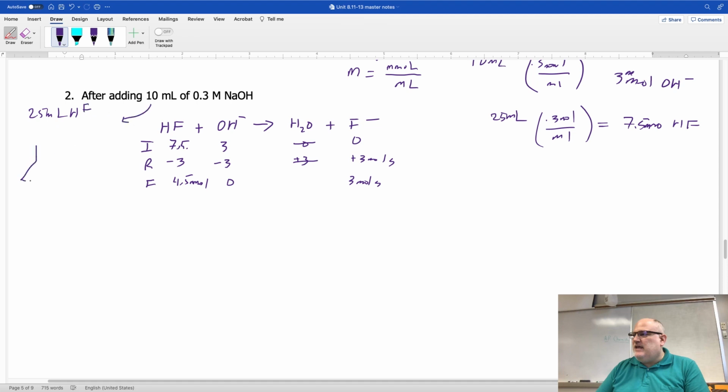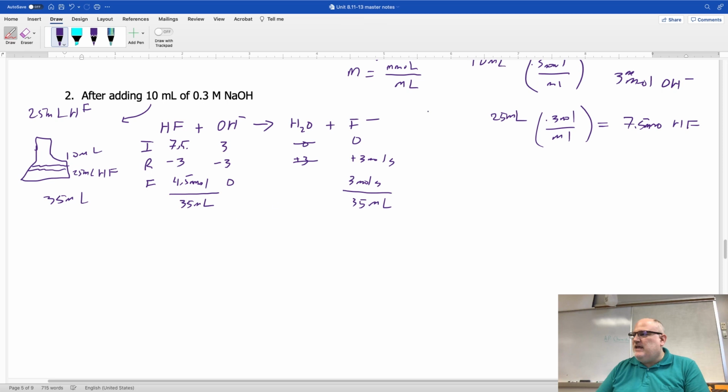So if we take a look at our very poorly drawn Erlenmeyer flask, we have 25 milliliters of the HF in here, and to that we have added an additional 10 milliliters. So what's my new volume? It's 35 milliliters, and that's kind of nice because I can immediately divide both of these things by 35 milliliters, and that's going to give me my molarity that I can go into my next step with.